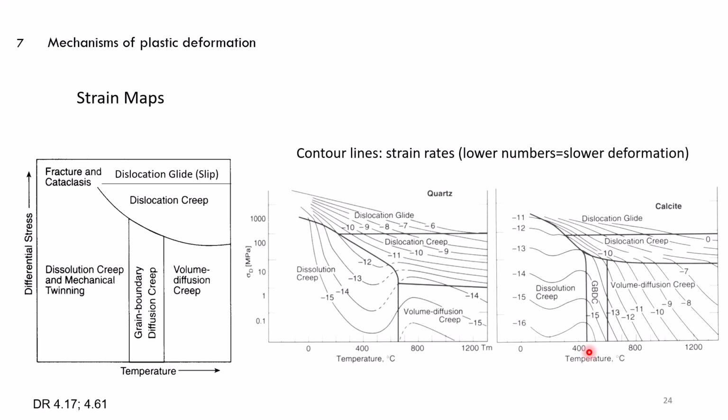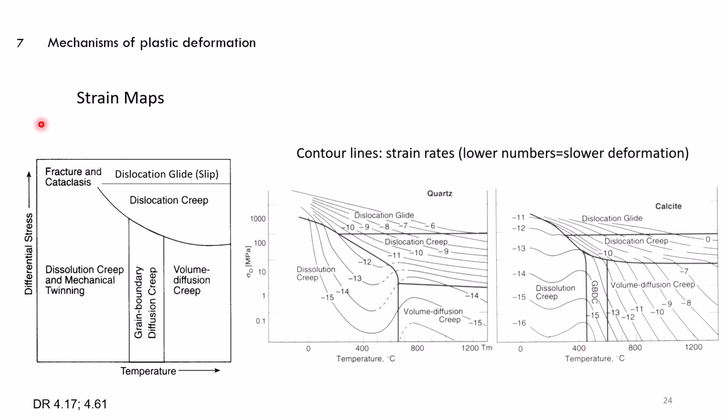If we summarize the distribution of different deformation processes in diagrams that show differential stress and temperature, we find the predominance of different fields at different conditions.